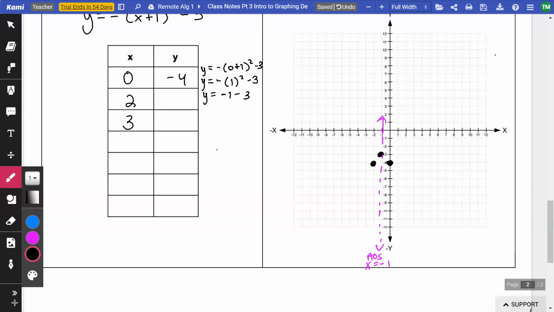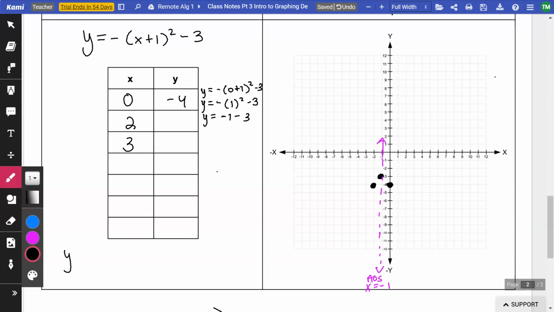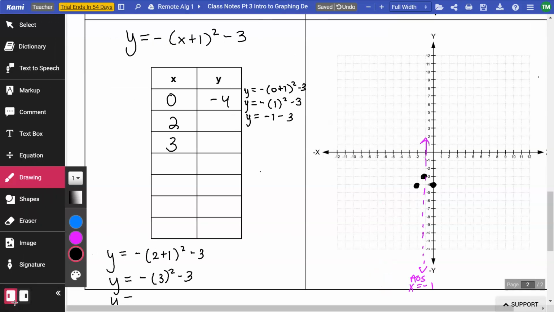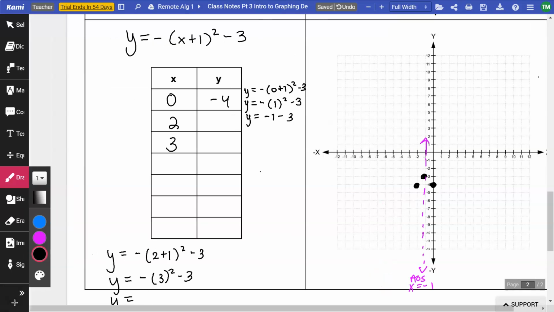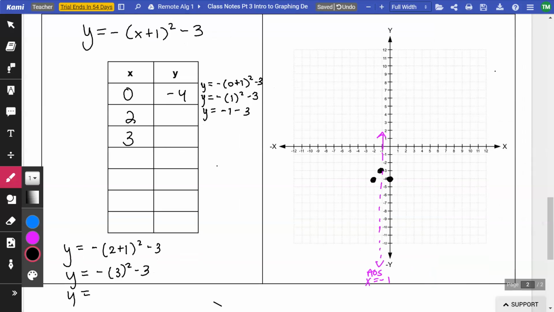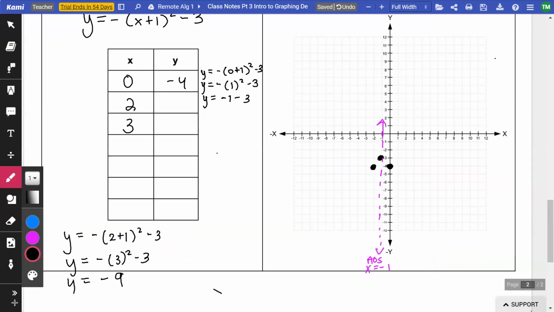All right, so let's plug those into the equation. Y equals the negative of 2 plus 1 squared minus 3. So y is equal to the negative of 3 squared minus 3. 3 squared is 9. So we're taking the negative of that and subtracting 3. So we'd get negative 12.